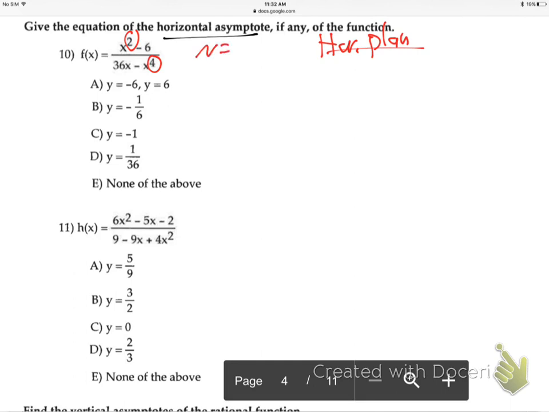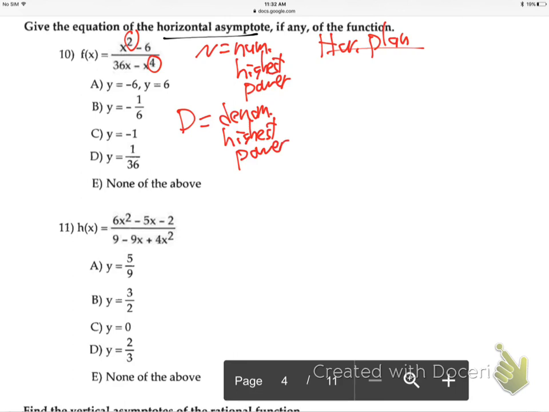N equals numerator highest power, and D is denominator highest power. And then there's like a whole table, remember I gave you? Number 1, if the denominator power is bigger than the numerator power, that's what we have in number 10, then the horizontal asymptote is y equals 0. Just have this on this is for your 3x5 card.